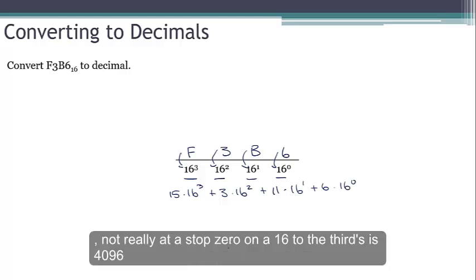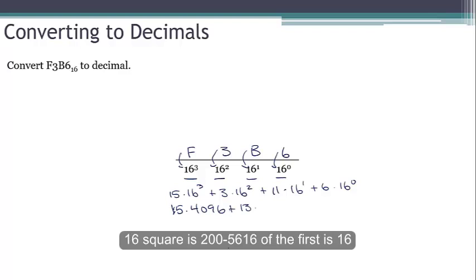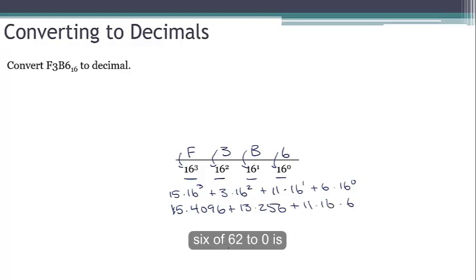Now really you've got to get your calculator out. 16 to the third is 4,096. 16 squared is 256. 16 to the first is 16. 16 to the 0 is 1.